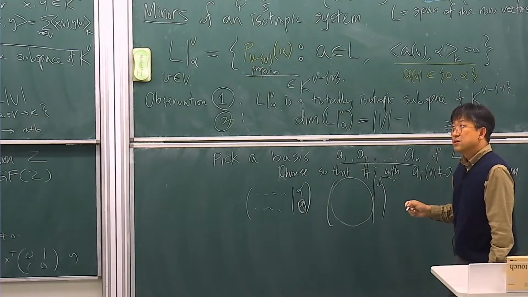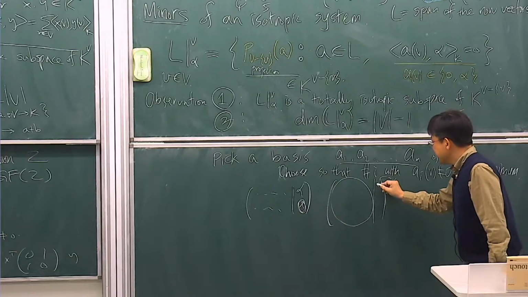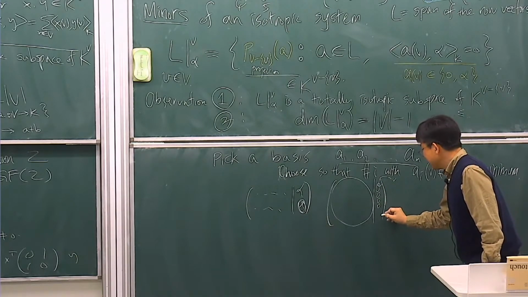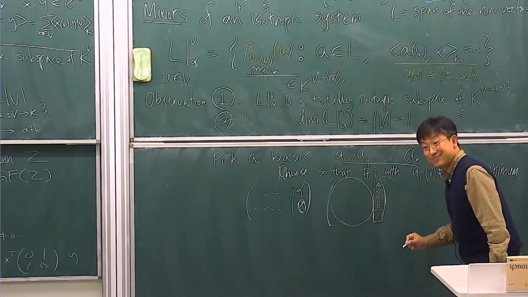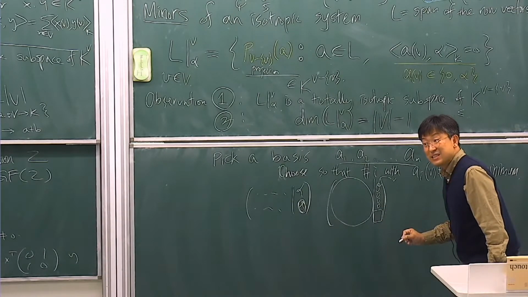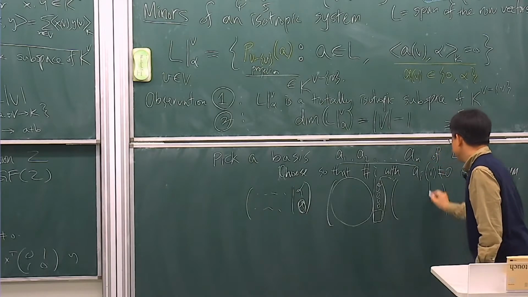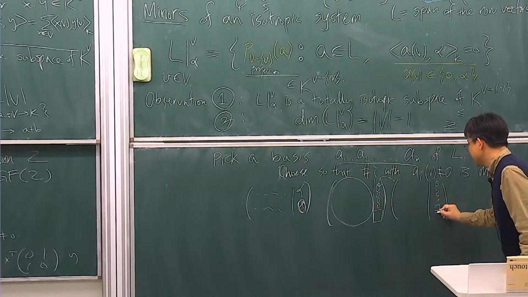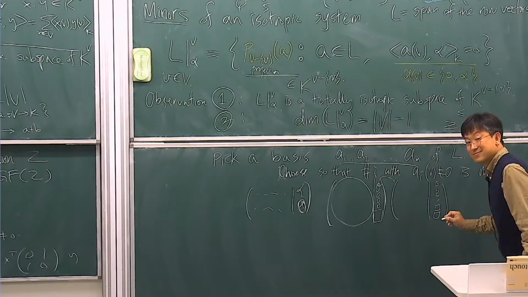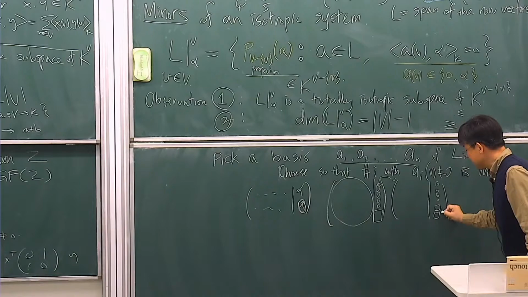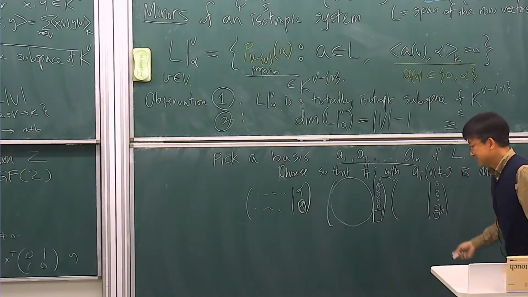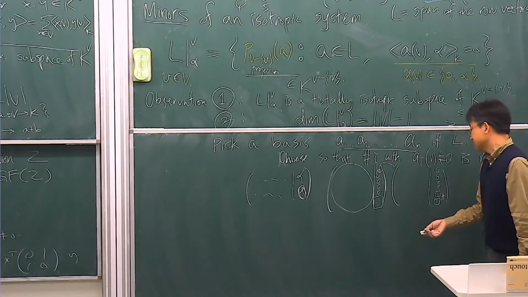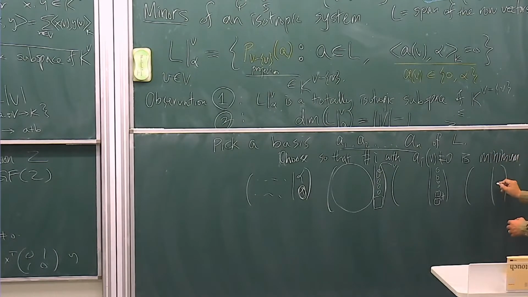So what can happen? Maybe there are two cases. Maybe almost all are 0 except one coordinate is non-zero. That's one case. Or maybe almost all are 0 except two coordinates are non-zero, and these two are distinct. You cannot have 3 coordinates non-zero.